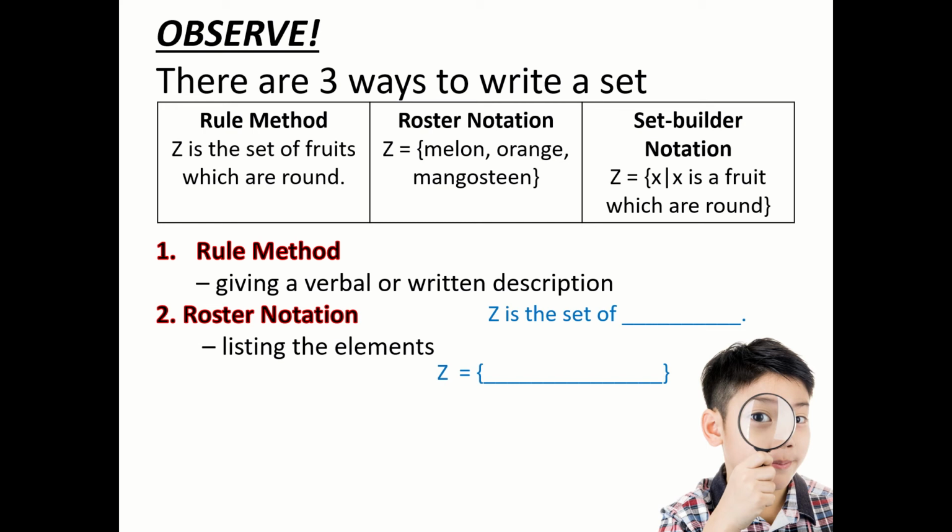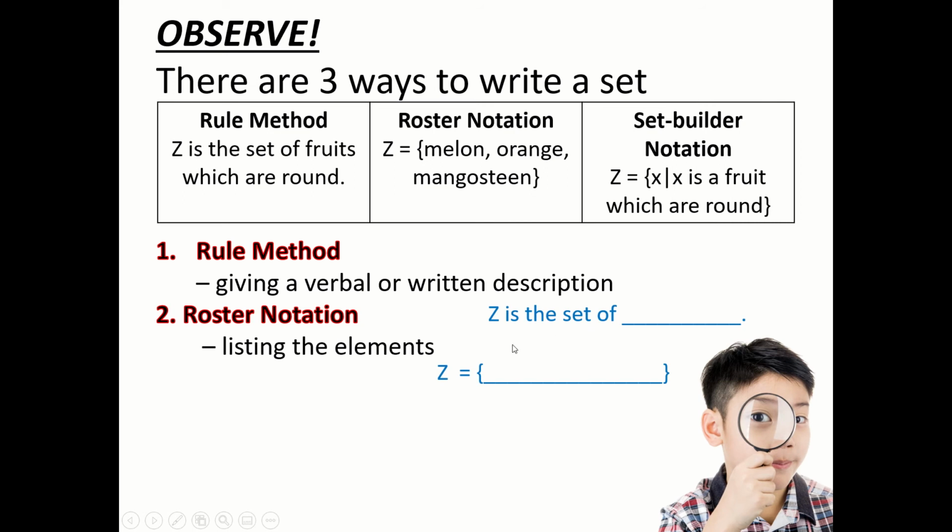Z is equal to, we have the brace, and then we list down the members or the elements inside it. And each member should be separated with a comma. So just like this, melon, then comma, orange, comma, then mangosteen. Then we enclose them using the braces.